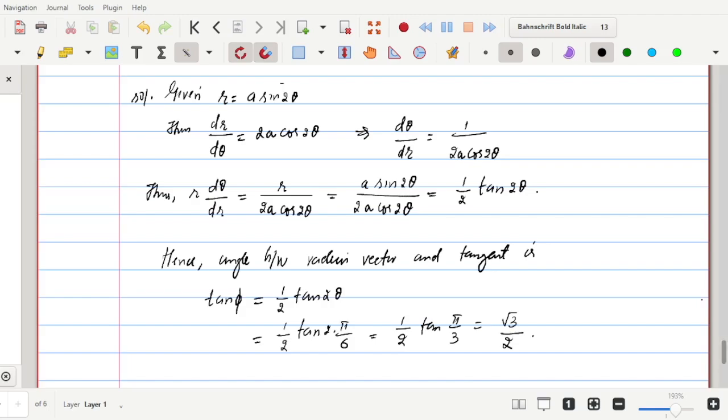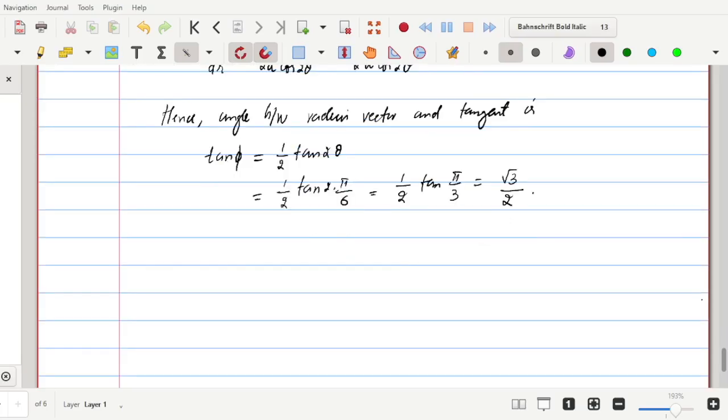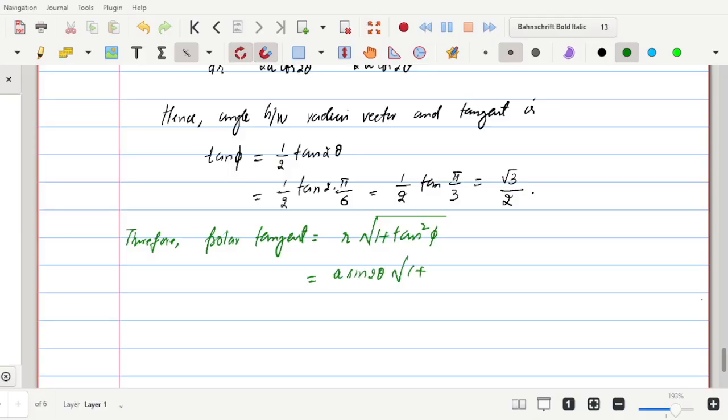Now we can evaluate the values of the polar tangent. The polar tangent, which we denote by T, is equal to r times the square root of 1 plus tan square phi. Now r we know is equal to a sine 2 theta, into the square root of 1 plus tan square phi, which is 3 divided by 4. Here we have also used theta as pi by 6.